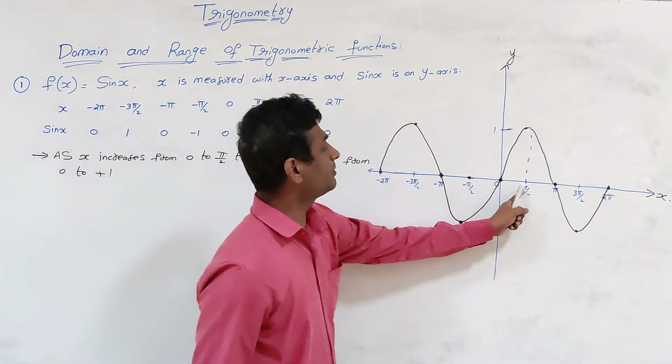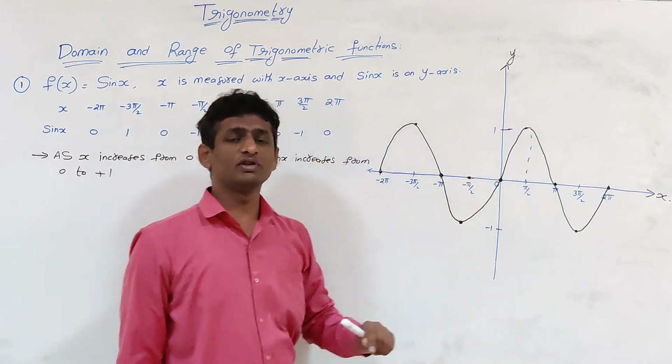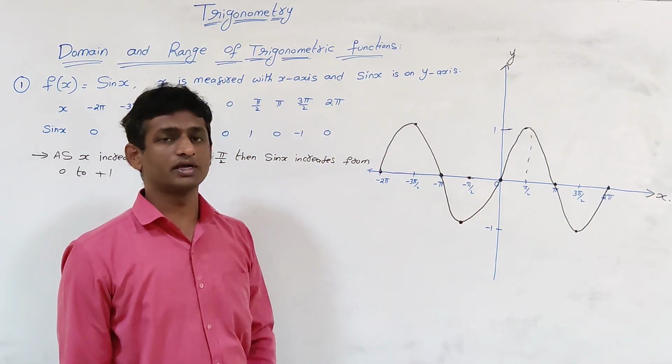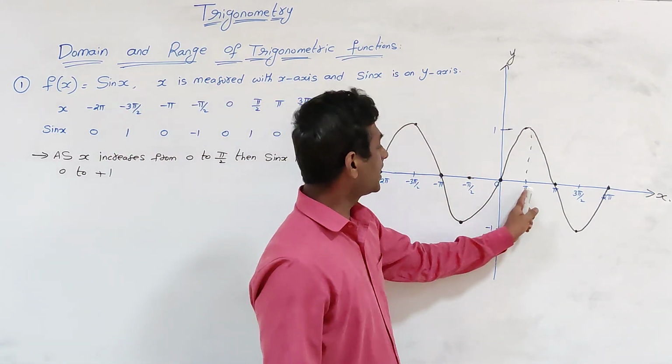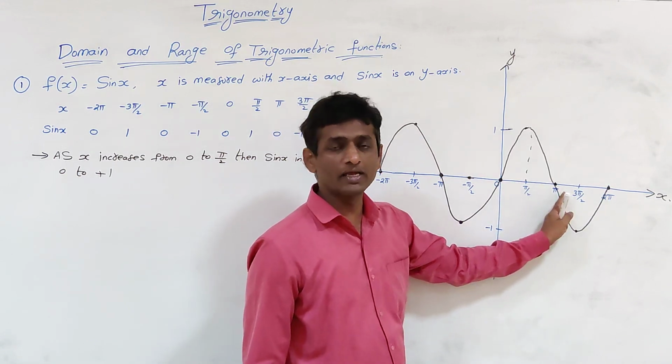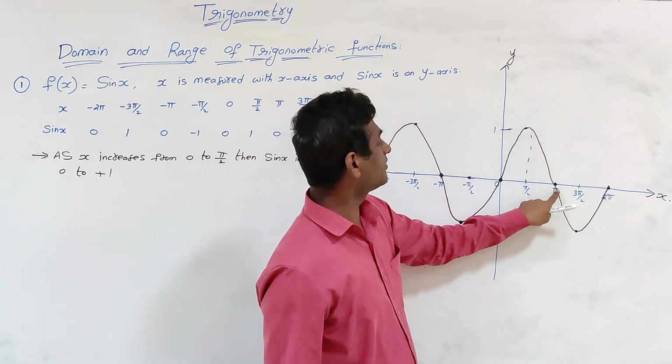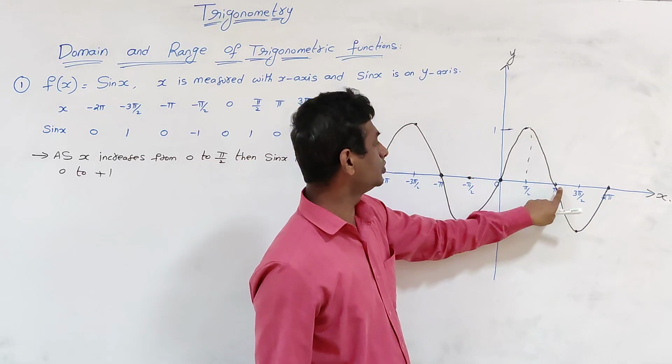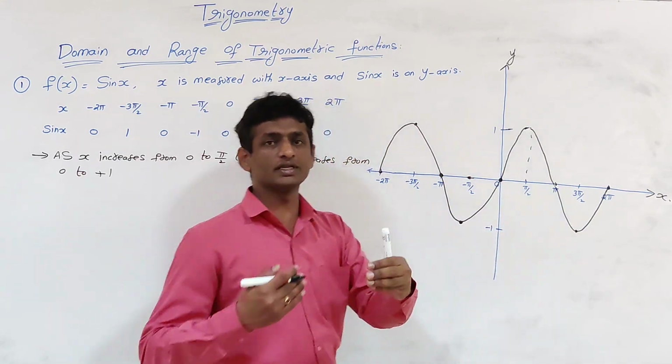Next, pi by 2 to pi means the angles lie in the second quadrant. Again, what is happening? As we move from pi by 2 to pi, the sin x graph will be decreasing from 1 to 0. It will be slowly decreasing.